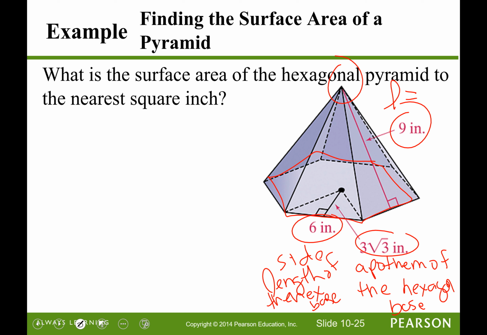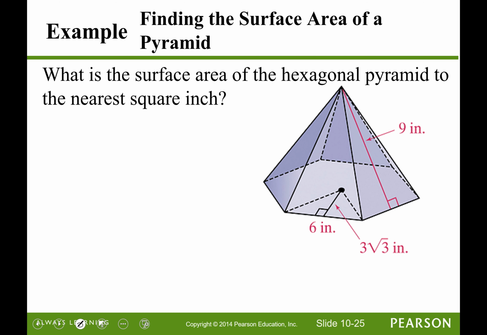All right, so 3 measurements have been given to us. Let's set up our formula, turn it into a blank template, fill in all the blanks, and then do our simplifying. All right, here we go. The formula for the surface area of this hexagonal pyramid is capital B plus 1/2 capital P lowercase l.